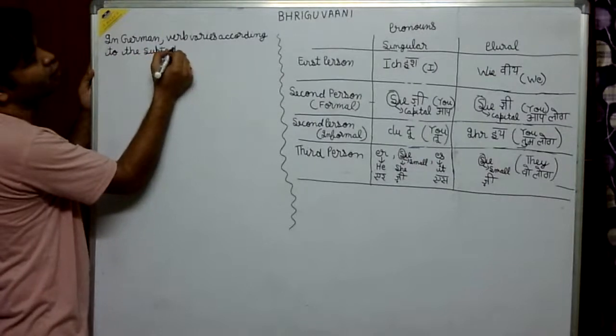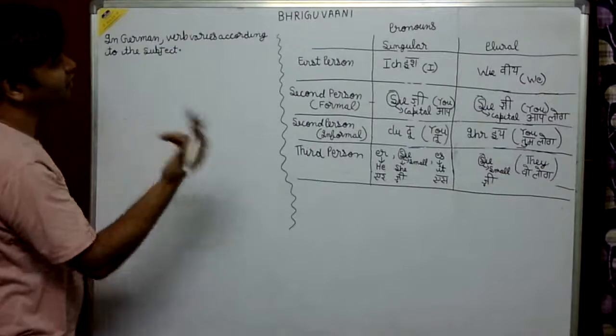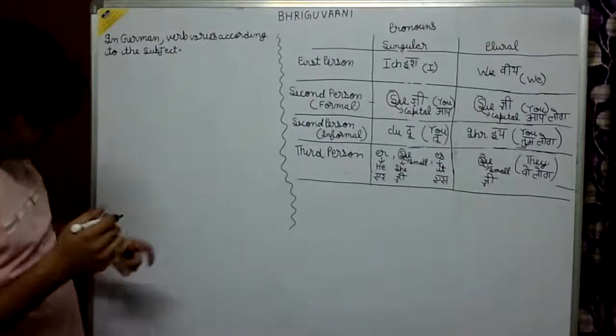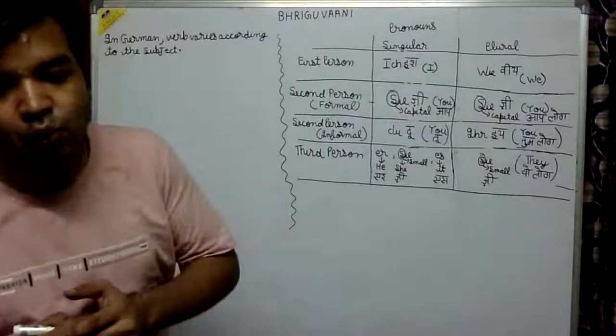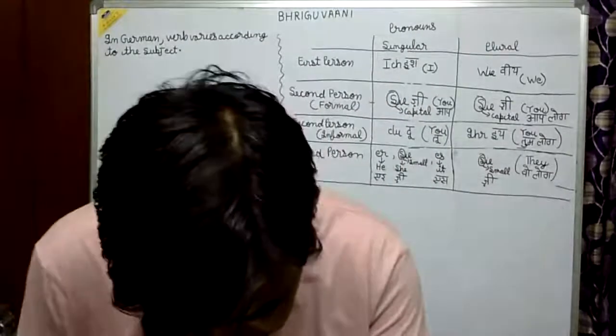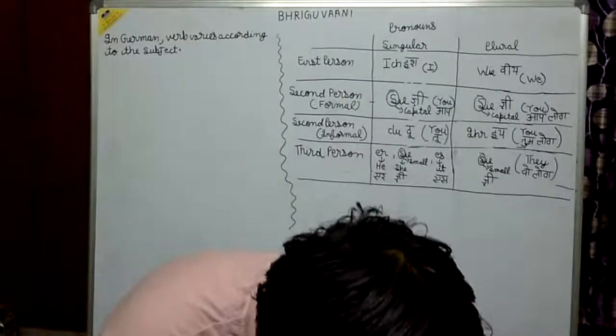So, according to the subject, the verb varies in the case of German. Now we will look at how the verb varies in the German language.